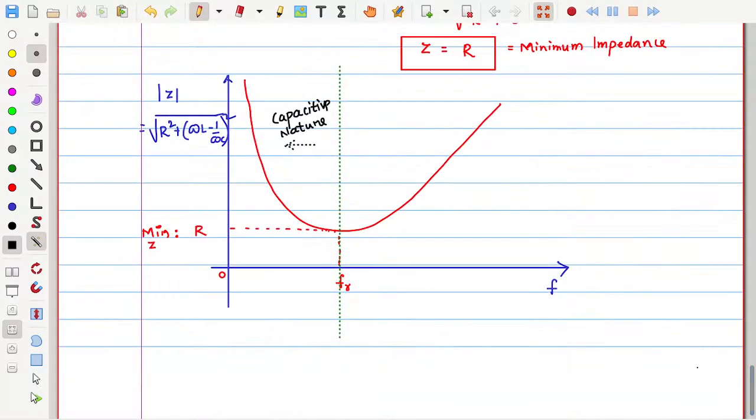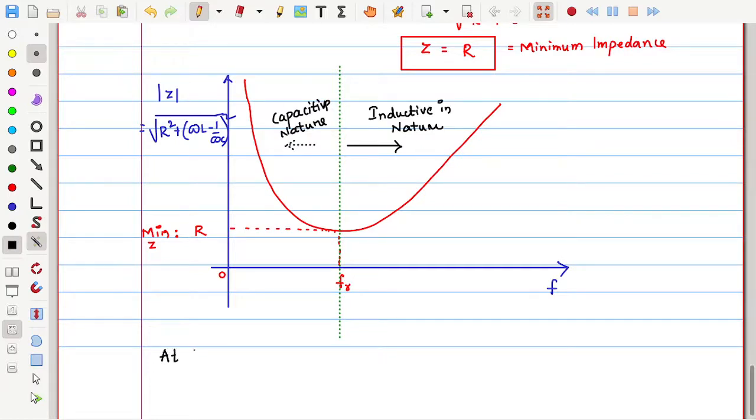So that's why below the resonance frequency, the circuit is dominantly capacitive in nature. Above the resonance frequency, it is inductive in nature. Then if below it is capacitive and above it is inductive, what about at resonance frequency?